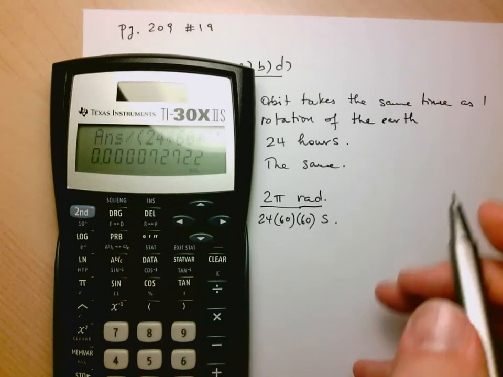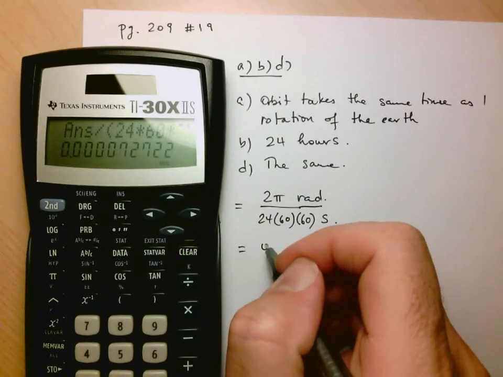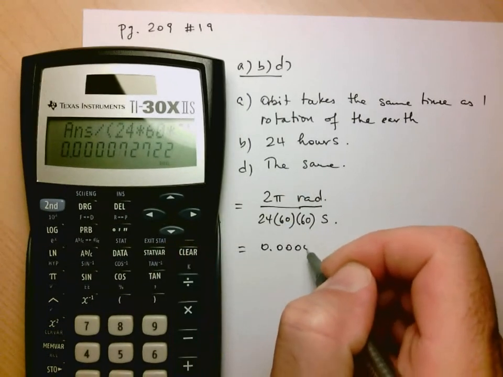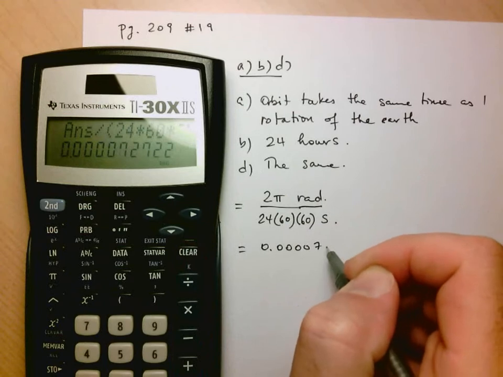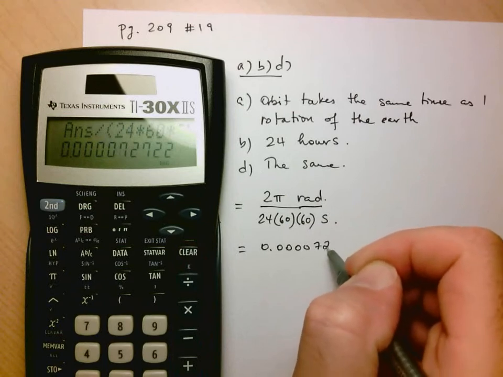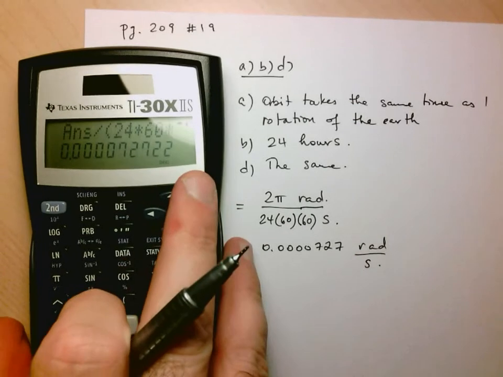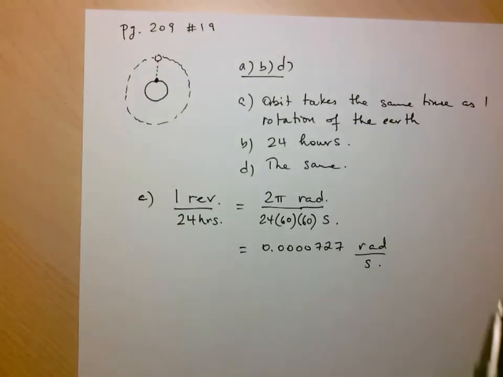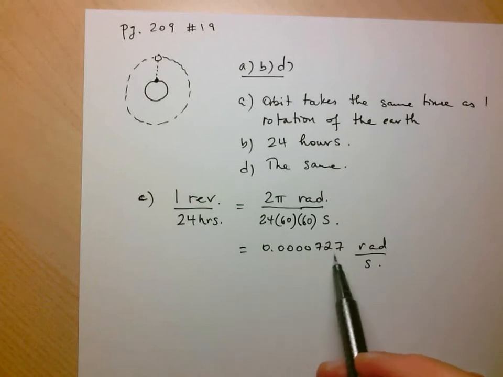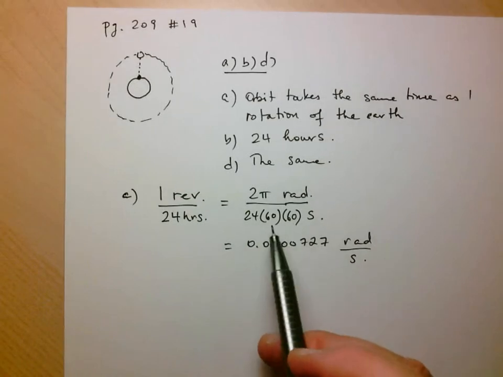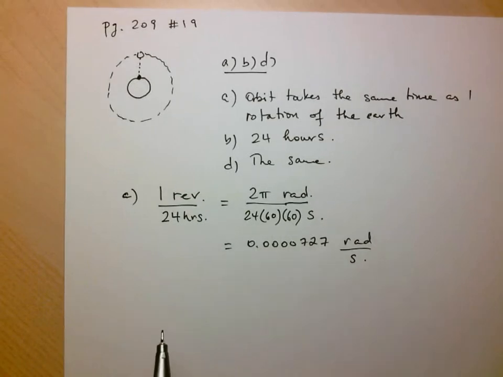And what do we have? We have 0.00007, let's keep 3 digits, 727 radians per second. Again, that's quite a small number, but you have to think there's 24 times 60 times 60 seconds in one day.